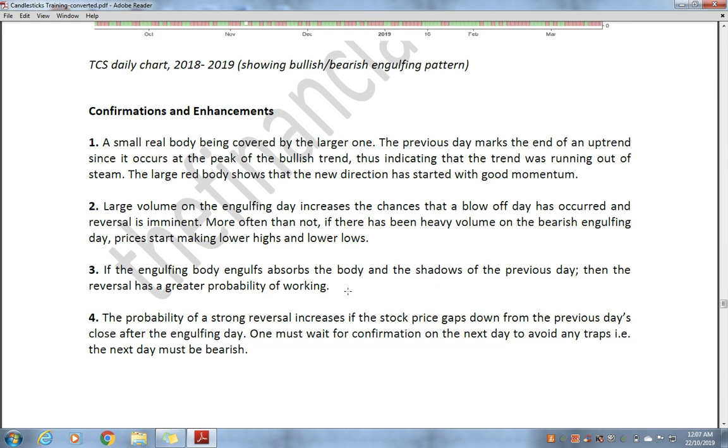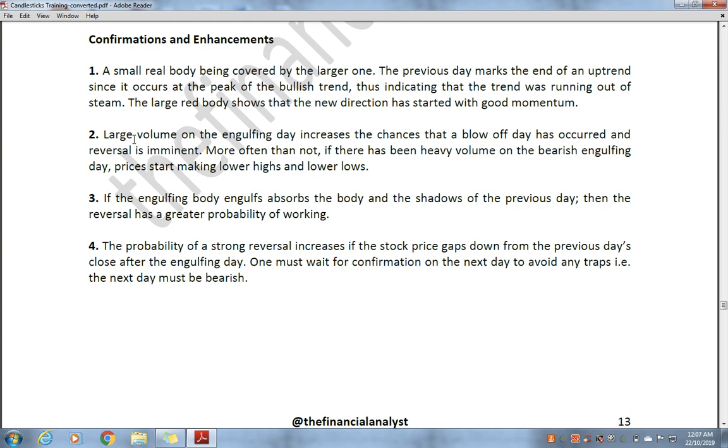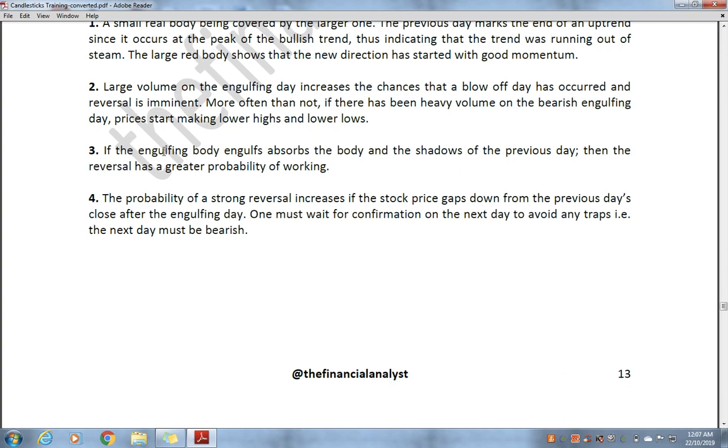The confirmation and enhancements: number one, a small real body, the small green colored body is engulfed by the larger one. As simple as that. Number two, as we already discussed, large volume on the engulfing day will increase the chance of a reversal. If the engulfing body, which is the red body, is engulfing only the body of the previous day, that is fine.